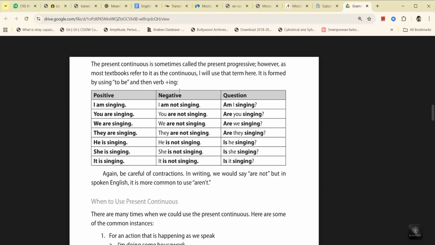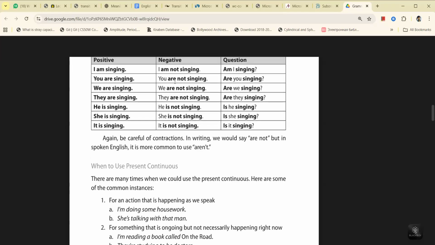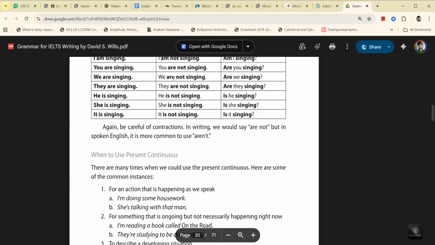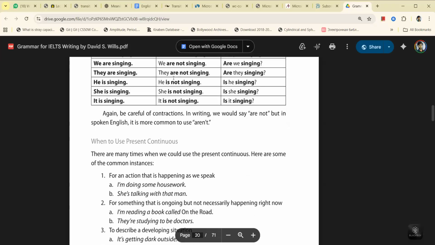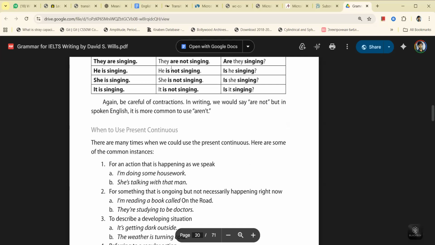Okay. So these are some examples of positive and negative sentences in the present continuous tense. Again, be careful of contractions. In writing, we should say "are not" or "am not", but in spoken English, it is more common to use contractions.